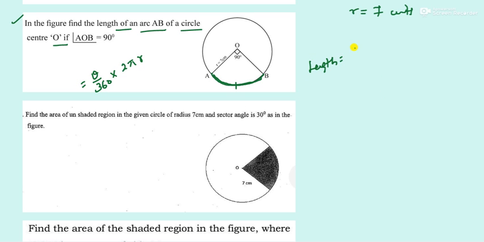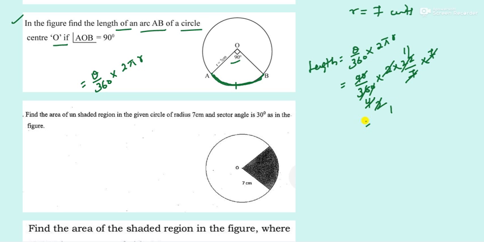Length is equal to theta by 360 into 2 pi r. So theta here given is 90 divided by 360 into 2 into pi is 22 by 7 into r. R is how much? 7. Okay, so 7 will get cancelled. 90 by 360 is one fourth, and 2 ones are 2, 2 twos are 4, 2 ones are 2, 11. So the answer is 11. Since this is in centimeter, this will also be in centimeter. Answer is 11 centimeter. I hope it's clear.